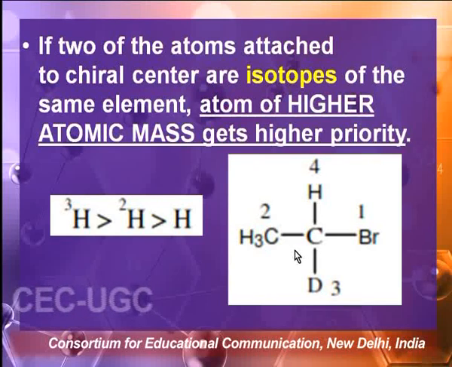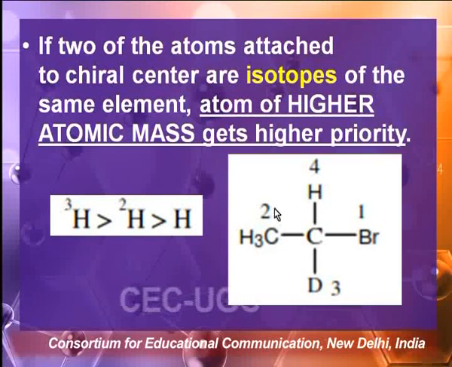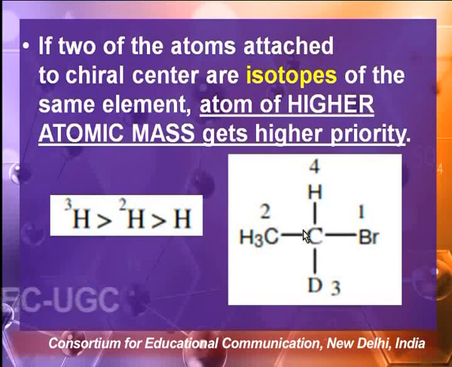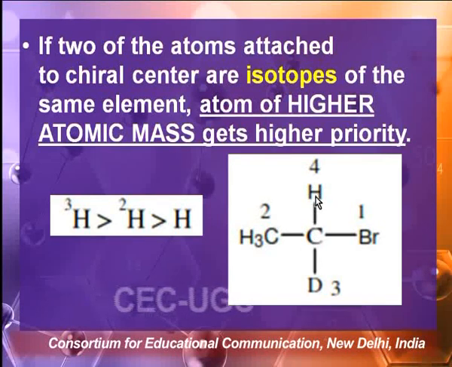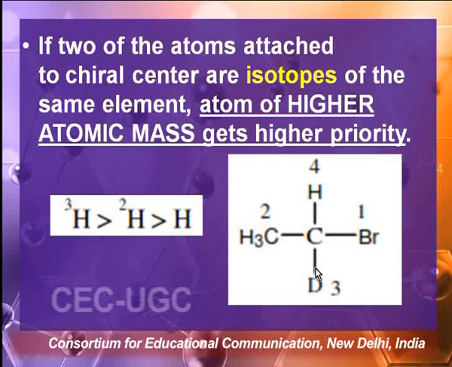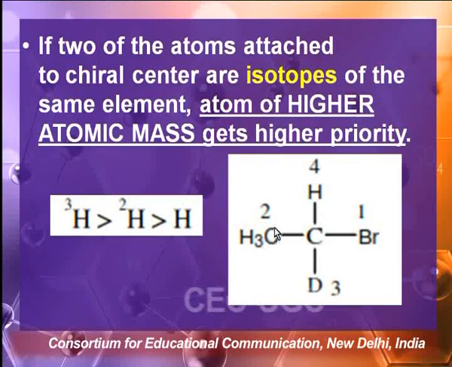and deuterium. That means in this case we will be taking atomic mass and not atomic number, because we know that the atomic number of isotopes is the same, their mass number is different. So it is not that for hydrogen and deuterium you will be taking the mass number and for methyl and bromine you will be taking atomic number.